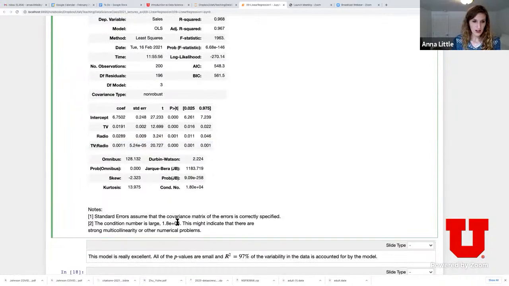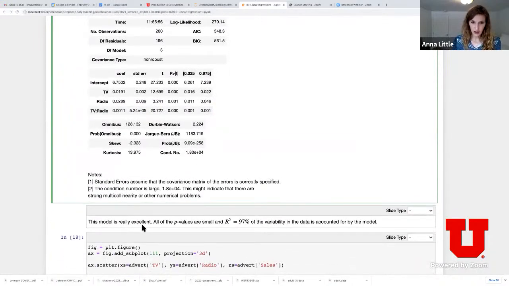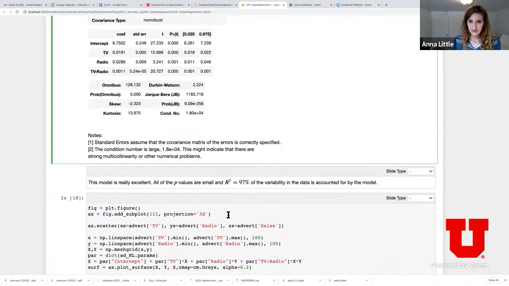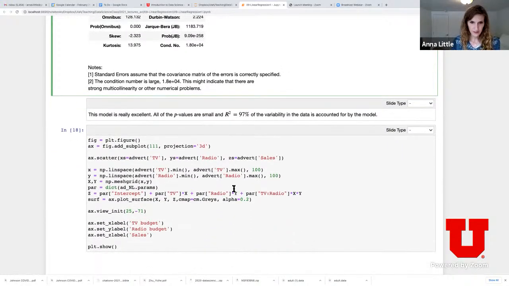Okay, so we've really found a really good model for the data. We've got these two variables and we've got their interaction, and altogether it's generating an R squared of 97%, and all the coefficients are significant in the linear regression.